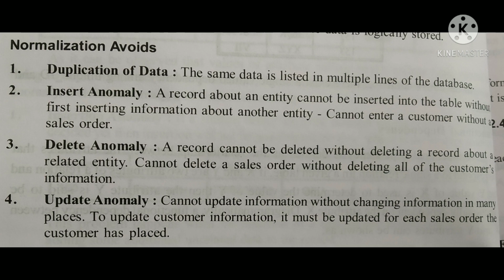This is the first condition. In relational terms, a table is in the first normal form if it contains no repeating columns. In this table also, you should have no repeating columns.